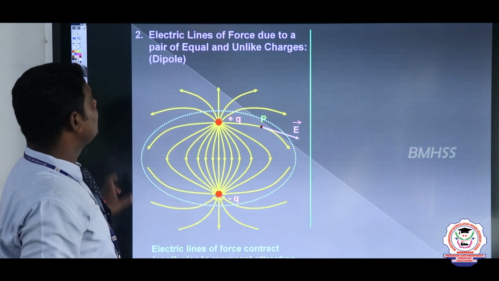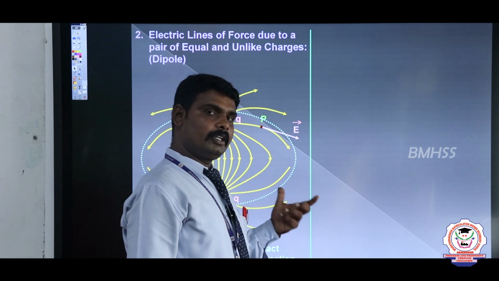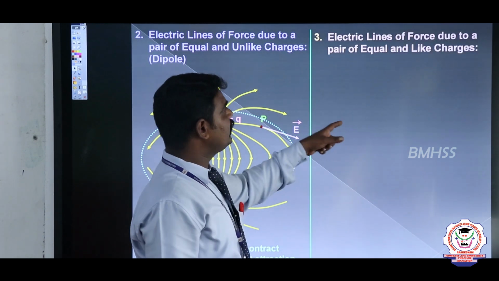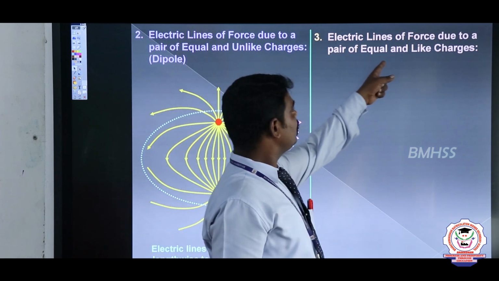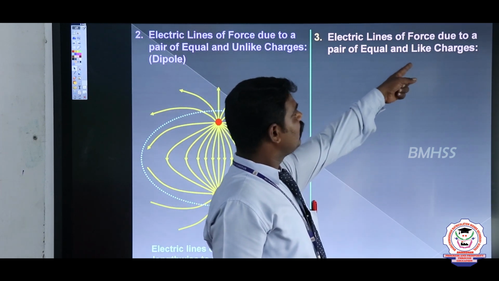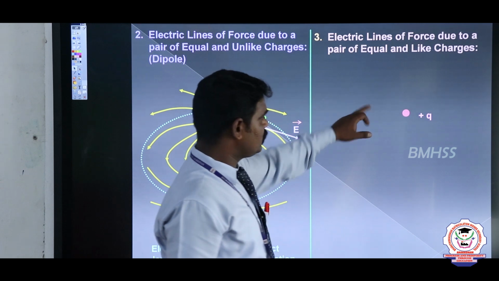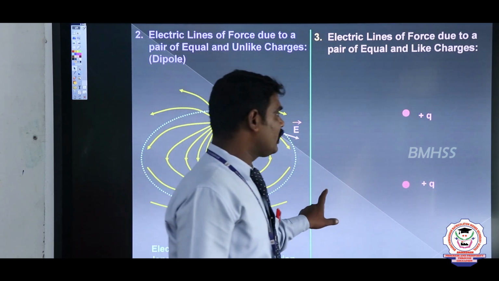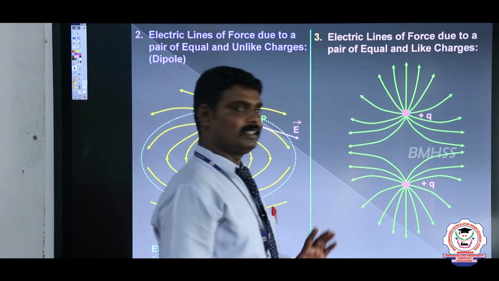Suppose I take the same charges, either positive and positive or negative and negative. These are a pair of equal or like charges. So, a positive charge and one more positive charge, the electric field lines will move like this.